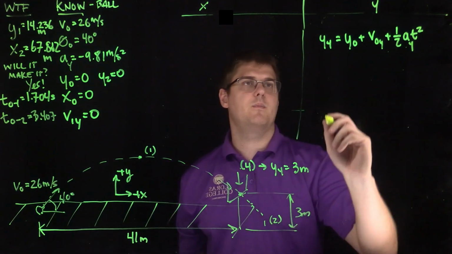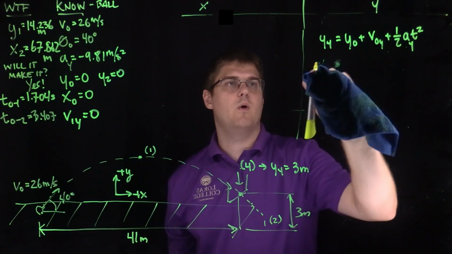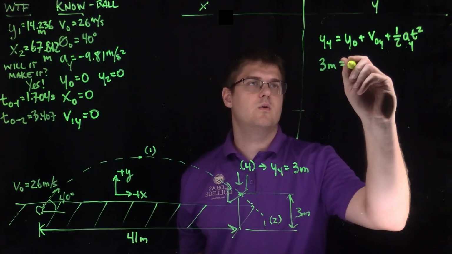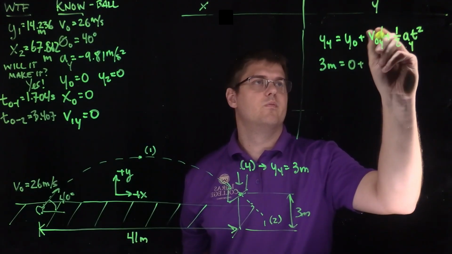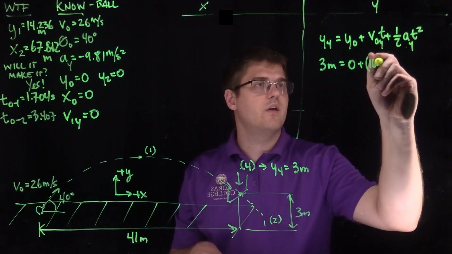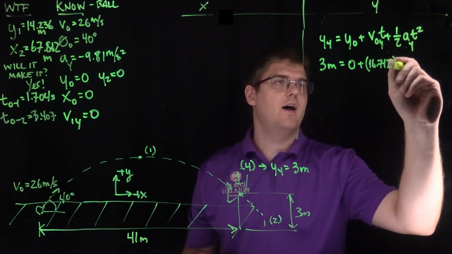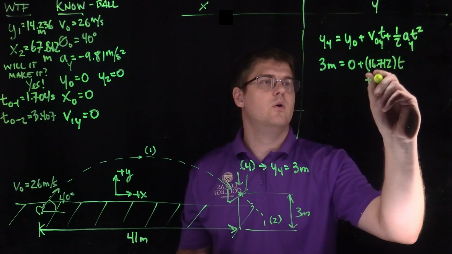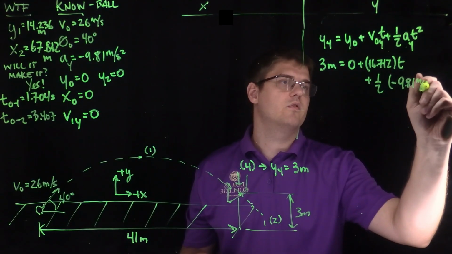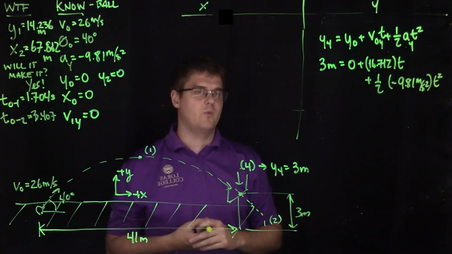This is not quite going to be how we want to do it, because when we solve this, we know y4. We get 3 meters is equal to 0 plus 16.712 times my time, which I'm solving for, plus 1/2 negative 9.81 meters per second squared times time squared.